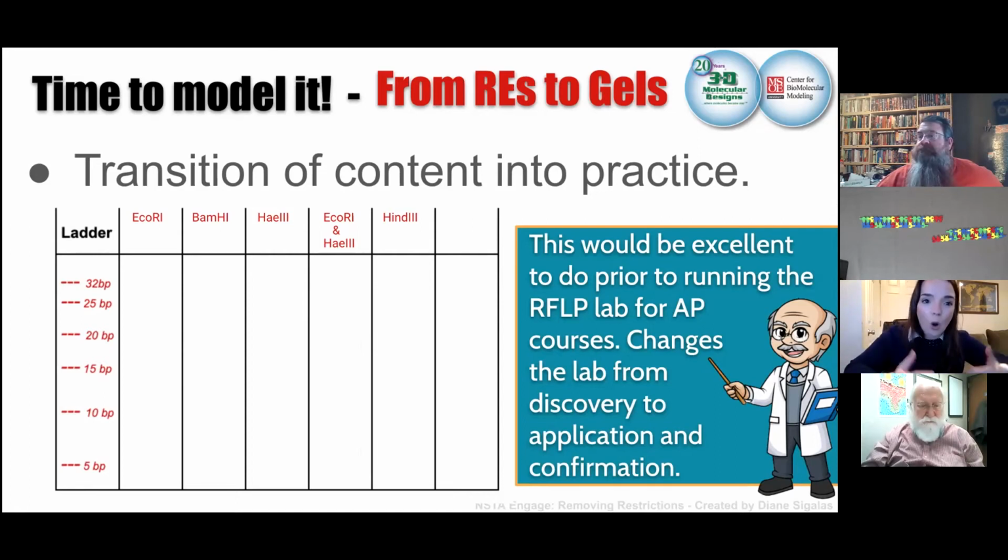So they get a whole lot more out of it than some micropipetting practice, which is great. Don't get me wrong, love micropipetting practice, but we can do that on wax paper. Let's make sure that when they're doing this RFLP lab, that they really get what's going on at the genomic level, what's going on to the actual DNA.